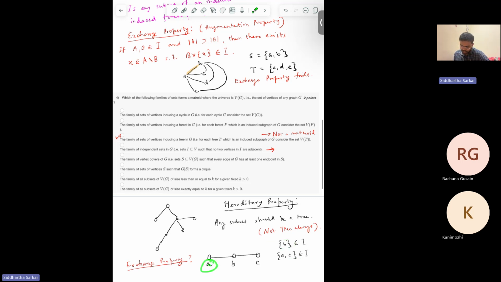If I take A and take union with B, A and B has an edge, so it's not an independent set. If I take C and take union with B, B and C also has an edge, so it's not an independent set. So B cannot be augmented by taking a vertex from A comma C. So therefore the exchange property is no more true. So we can conclude that this family is also not a matroid.